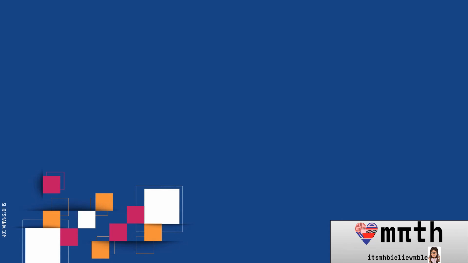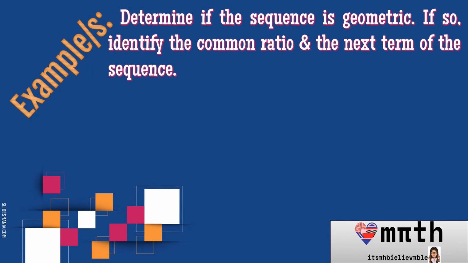To further understand the geometric sequence, let us have examples. In these examples, determine if the sequence is geometric. If so, identify the common ratio and the next term of the sequence.